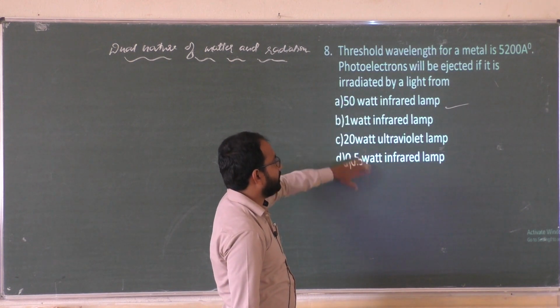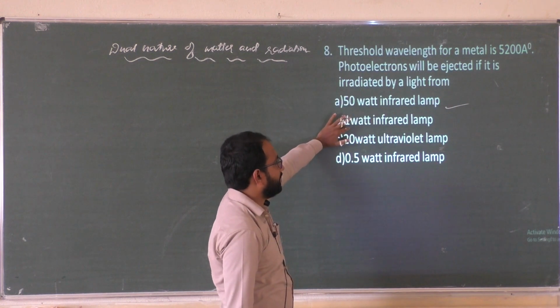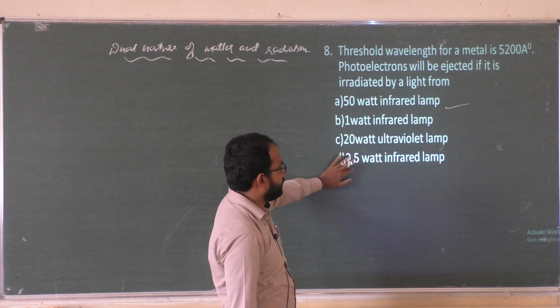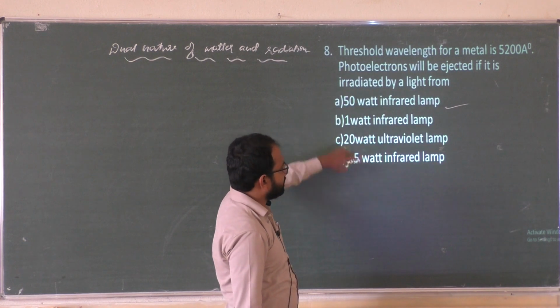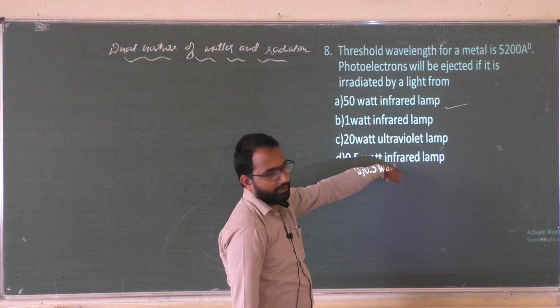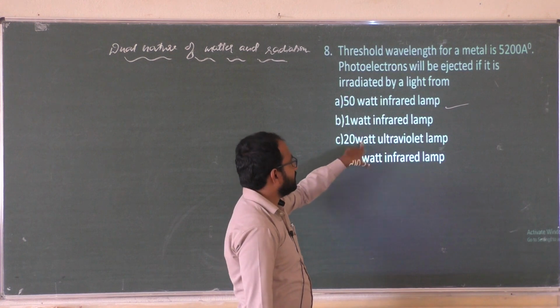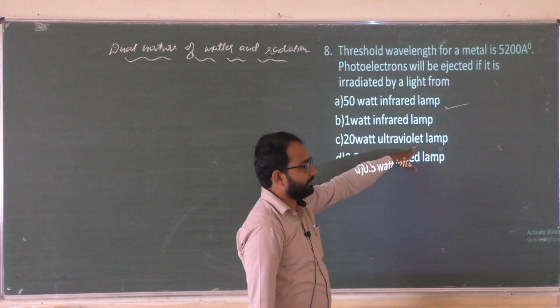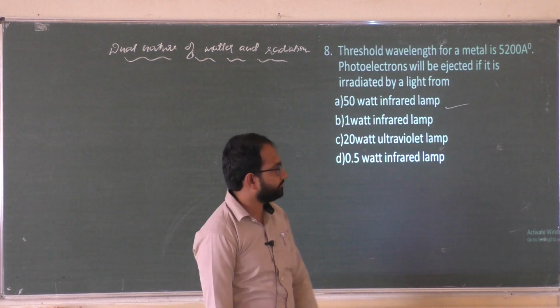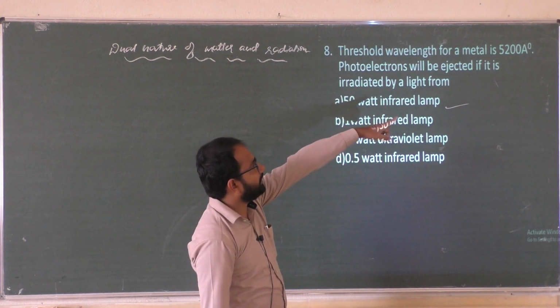But different powers. See here, 50 watt infrared lamp, 1 watt infrared lamp, 20 watt, here 0.5 watt. In these three options all are infrared lamps. The source is emitting infrared rays. In this particular option, the source is emitting ultraviolet rays. So that particular wavelength comes in the visible region.